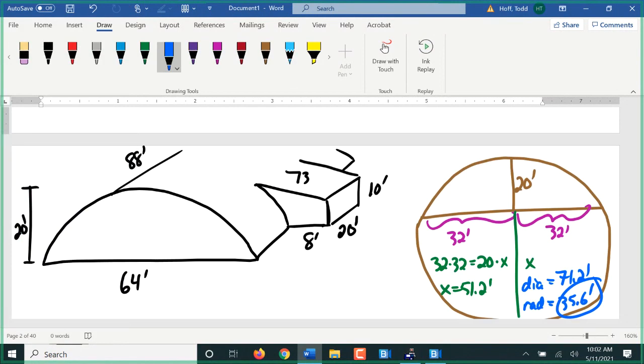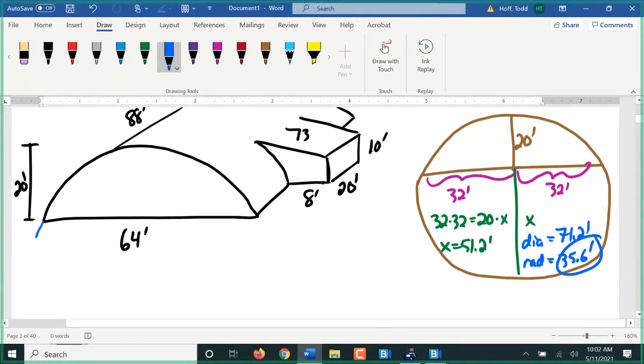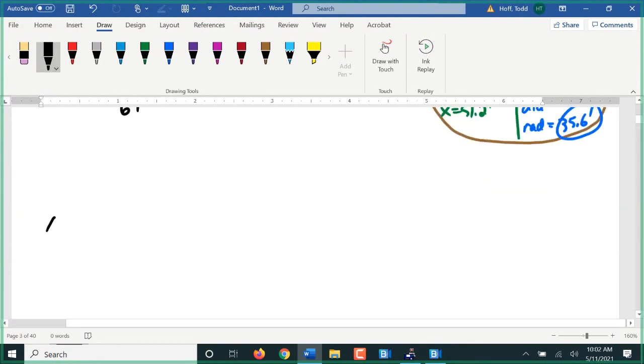So 35.6 feet is the radius of our circle, which means when we extend this down, actually I'm going to draw it differently so that I can extend it down. Okay. So let's do this.